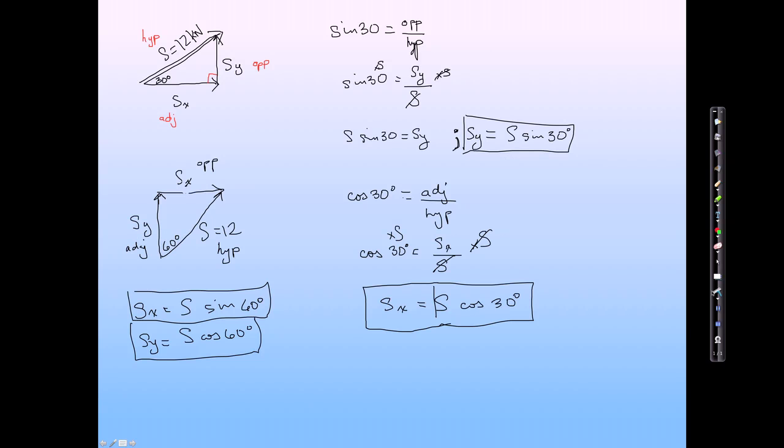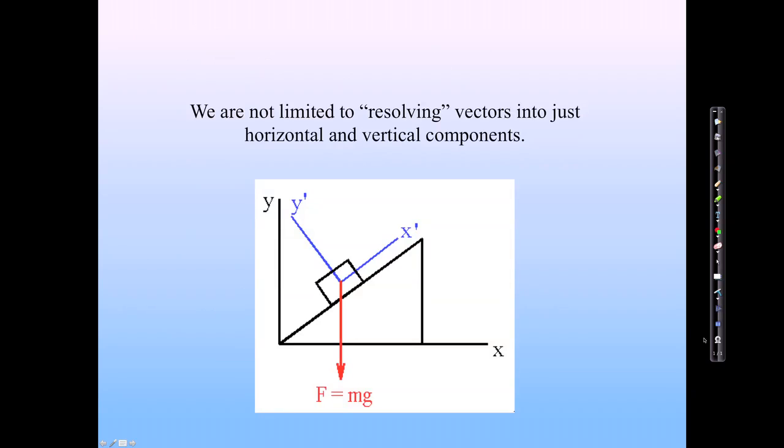Now, in some situations, like this one, the x and y axes are less important. In this case, this box is sitting on a ramp, and we want to know if it's going to move along the ramp. This is basically the only direction it could move in, unless it was rocket propelled.